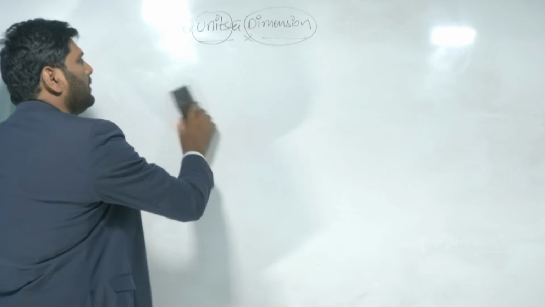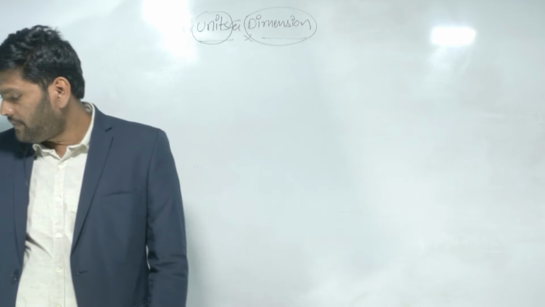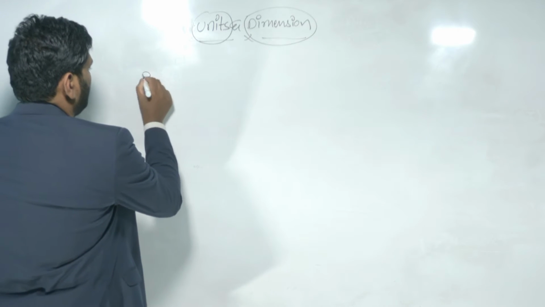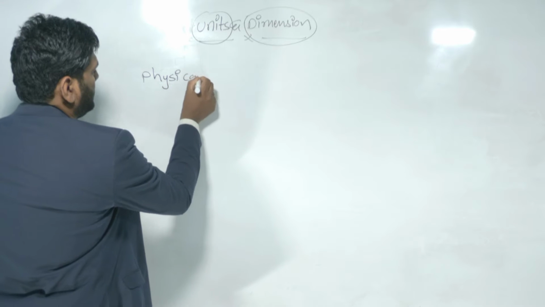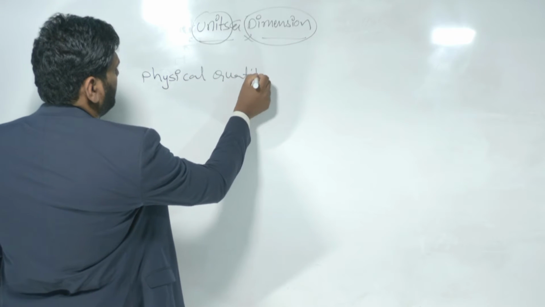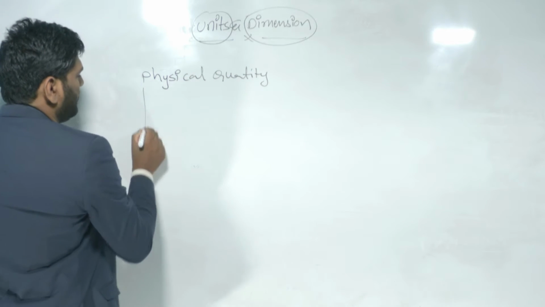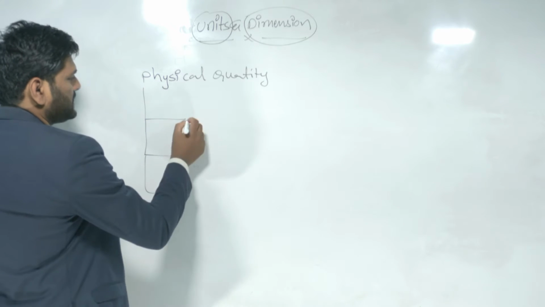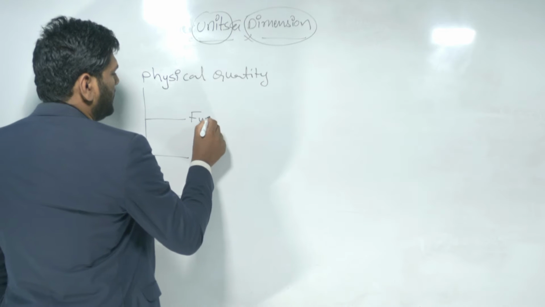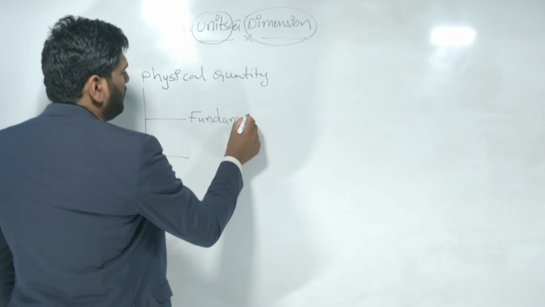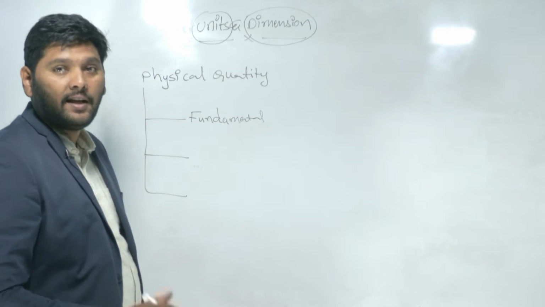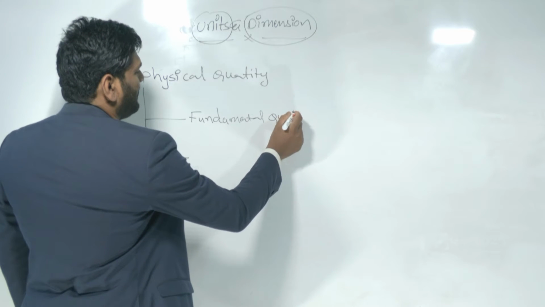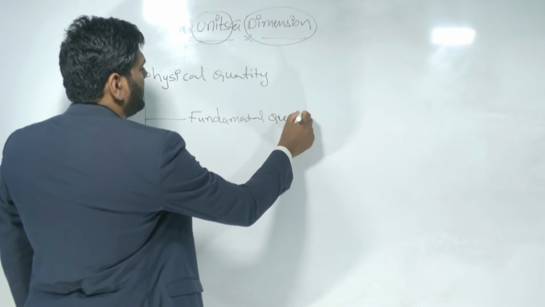Now again we further divide the physical quantities into three types. Physical quantity further divides into how many types? Three types. The first type is fundamental quantity.